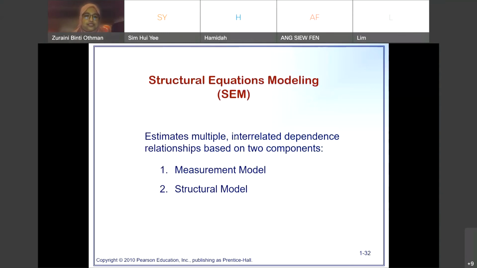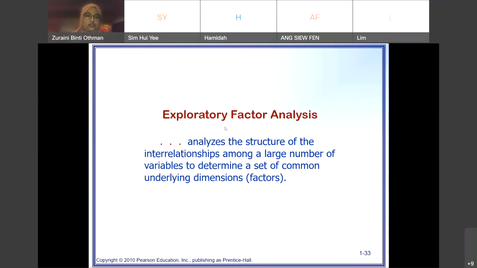Okay. Then this is exploratory factor analysis. Maybe Dr. Fauzia or Dr. Azira will cover this. It analyzes the structure of the interrelationship among a large number of variables to determine a set of common underlying dimensions.